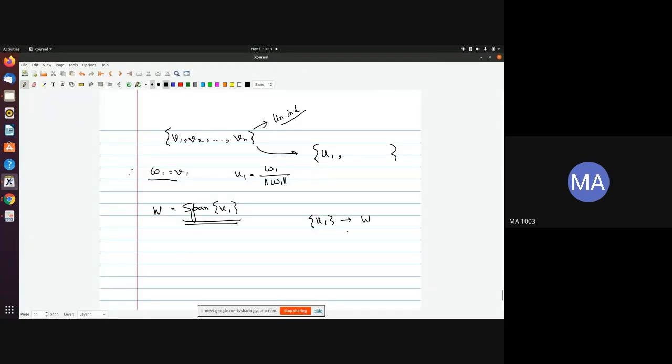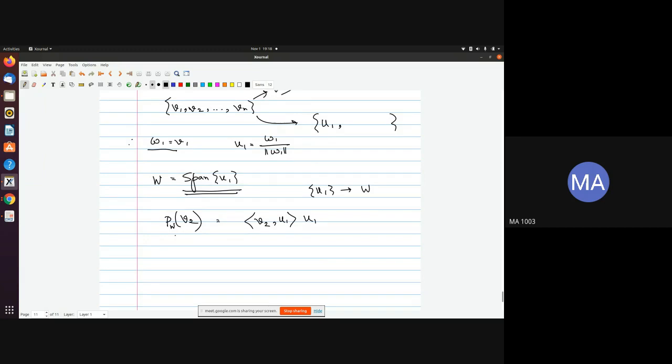Now if I want to take the projection of V2 inside W, how will I get it? I will do <V2, U1> U1. This is the projection. Is this clear to everyone?